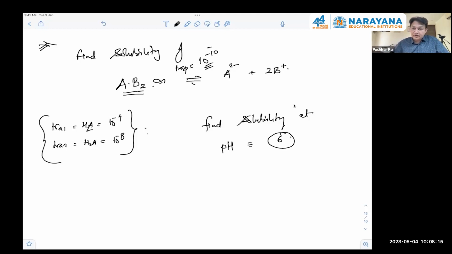HA negative, and then HA negative is further going to hydrolyze, something like this. So this is a question which is going to take approximately 30 seconds to solve, if your approach is good. How can you solve the problem? So this is also one such question I'm going to take in the next class in the ionic equilibrium. These questions are very probable.